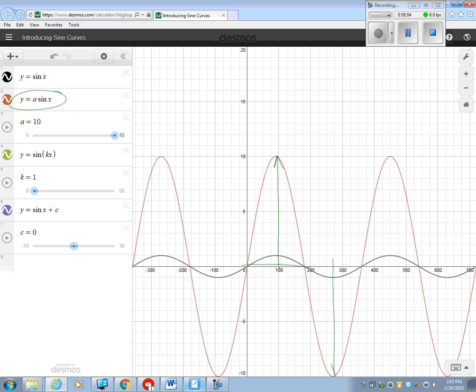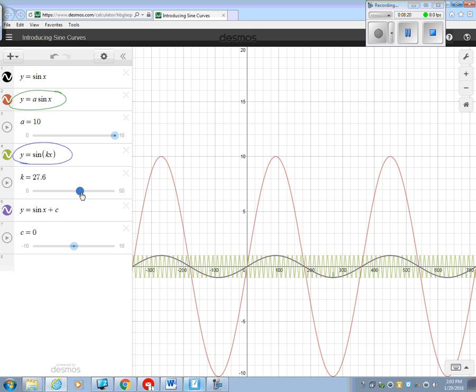If I try the next one, look at y equals sine kx. That's the green one here. By putting a number inside the bracket, what does that do? Well, if I look at my graph, it seems that as k gets bigger and bigger, I get more and more graphs in the same space. I'll keep it a little small right now to see.